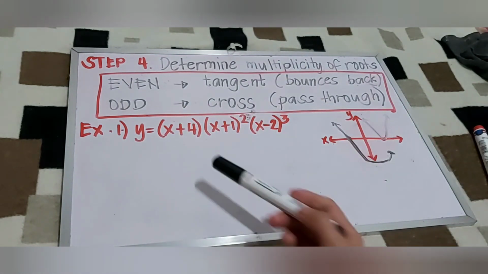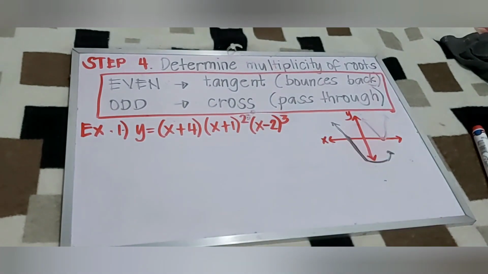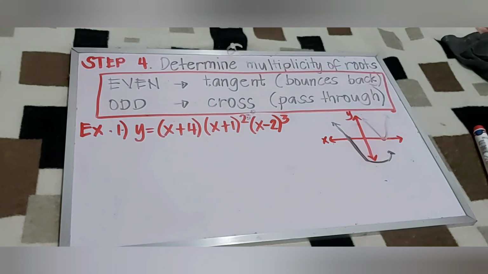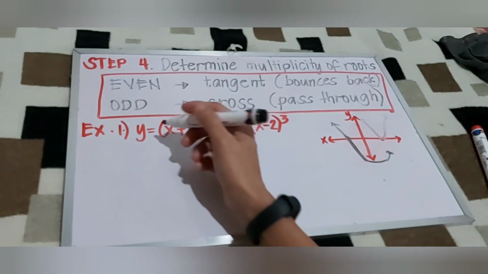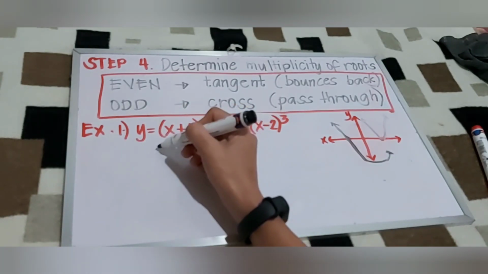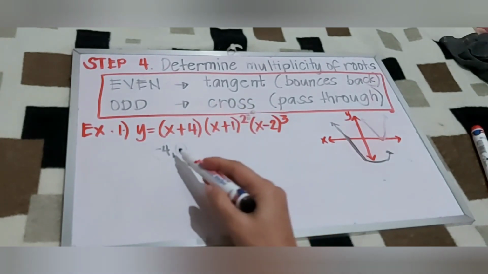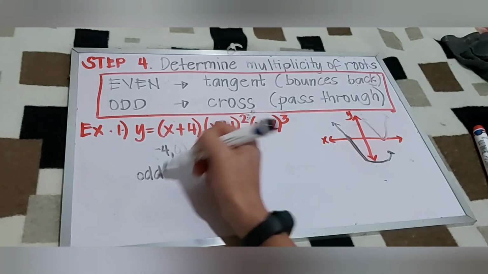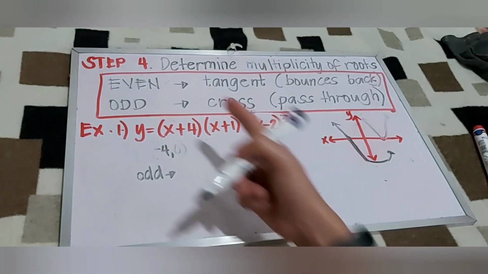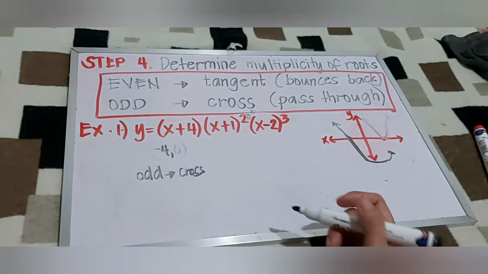Okay, now, let us determine the multiplicity and the behavior of the graph at each x-intercept. First given is x plus 4, x plus 1 squared, and x minus 2 cubed. I said earlier that the multiplicity is seen in the exponent of the factors. So, let us first identify the x-intercept. Here, our x-intercept is negative 4 and 0. Its multiplicity is 1, which is odd, so the graph will cross at the point negative 4 and 0.